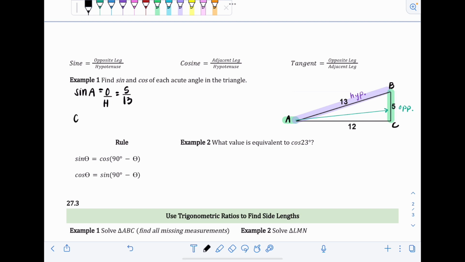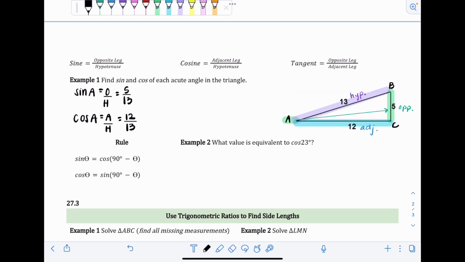And then cosine of A, cosine is adjacent over hypotenuse. So the adjacent side is the leg that helps create angle A, which would be this side right here, AC. So adjacent is 12, and then hypotenuse is 13.